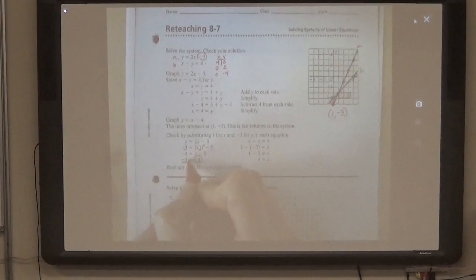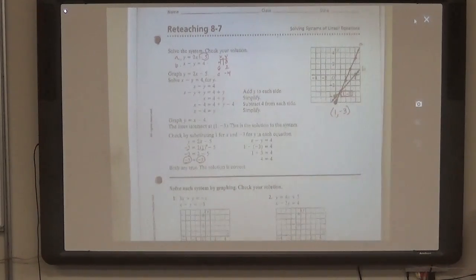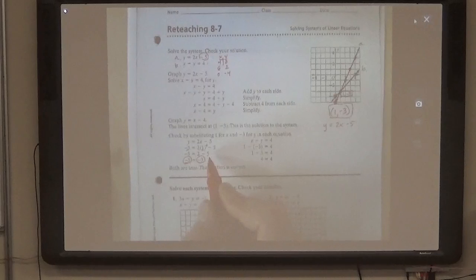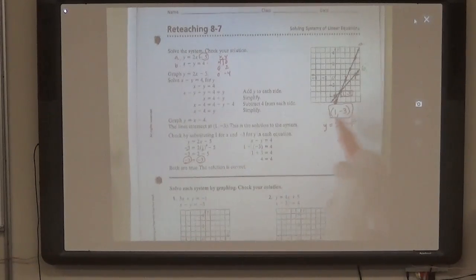And that equals negative 3 on the other side. So that works as a point. Again, you're taking these numbers, the x and the y, and inserting them into the first equation, y equals 2x minus 5, just like it shows over here. Where did we get the 1 and negative 3?